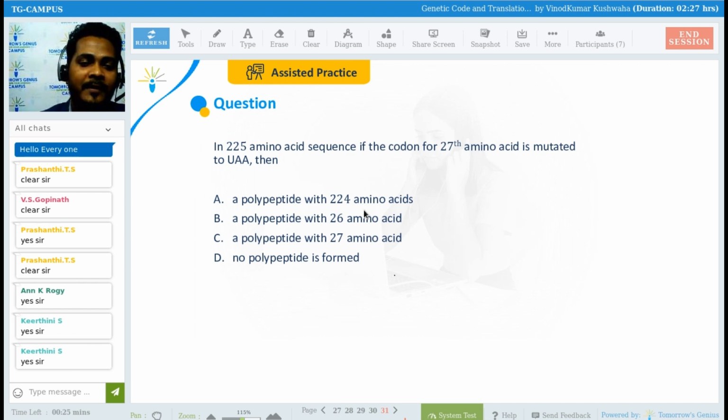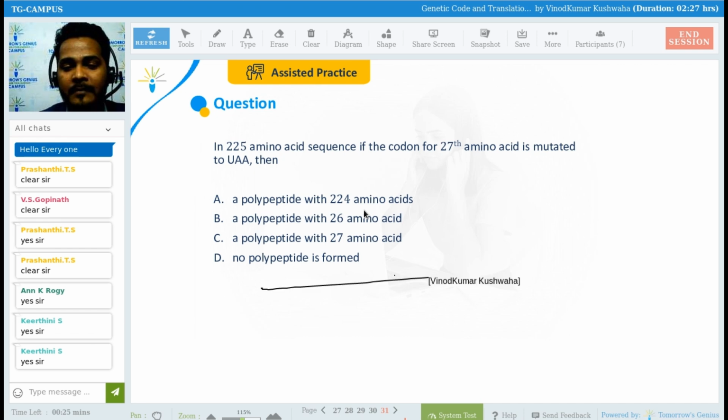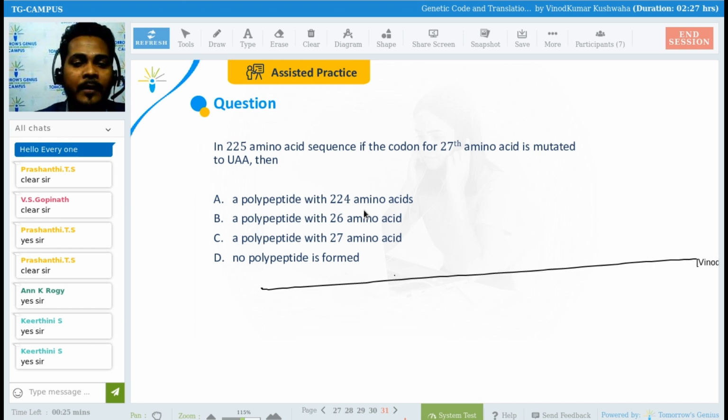See here it is given as 2 to 5. We are not interested in this complete long chain; we are interested if the codon for the 24th amino acid is mutated, that means mutated to UAA. So what is UAA? Is it a stop codon? Yes.